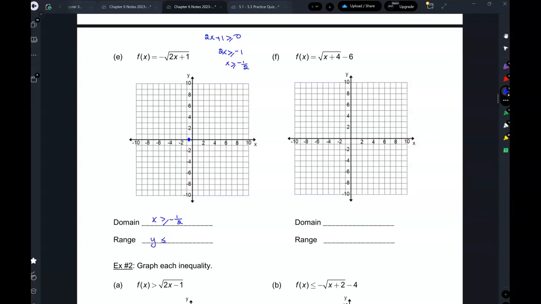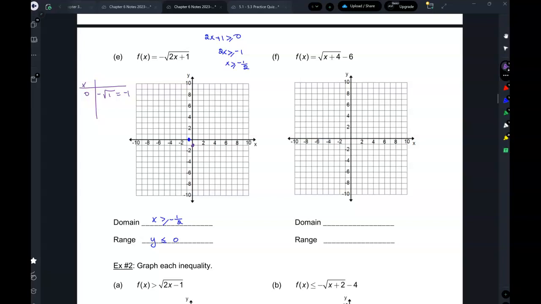y is less than or equal to 0, right? It's going down. Okay. So you know what? For this one, I'm just going to make a table. When x is 0, I get negative the square root of 1, negative 1.